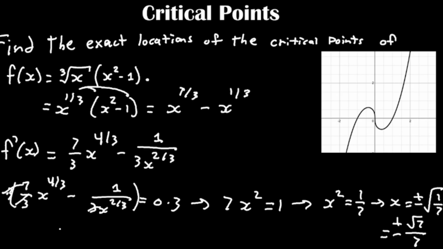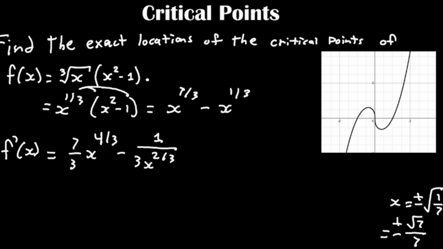Okay, so now we need to find where this derivative is undefined. Well, as you can see, in the denominator, we have an x to the 2/3. If we plug in 0 to that, the denominator will just go to 0. So then that would be undefined, meaning that we have a critical point at x equals 0. So we've taken care of all the possibilities.